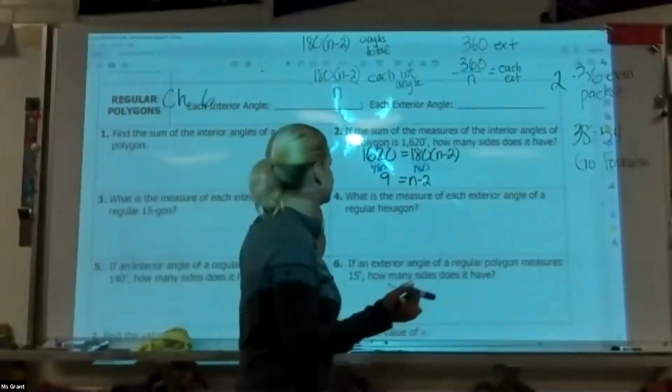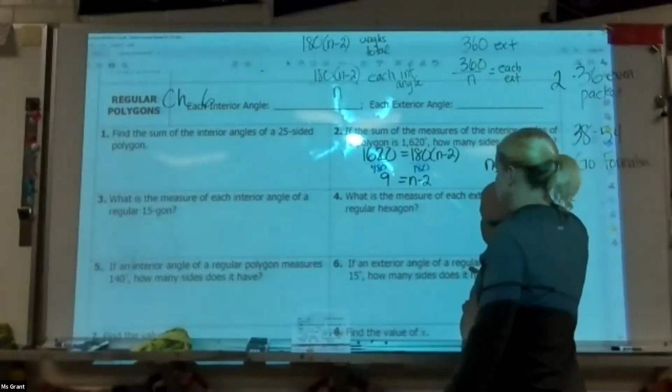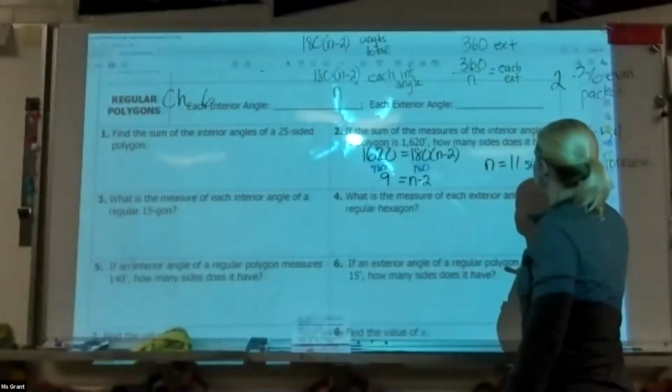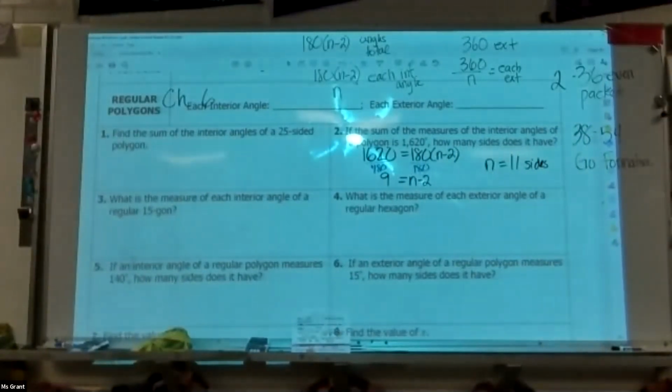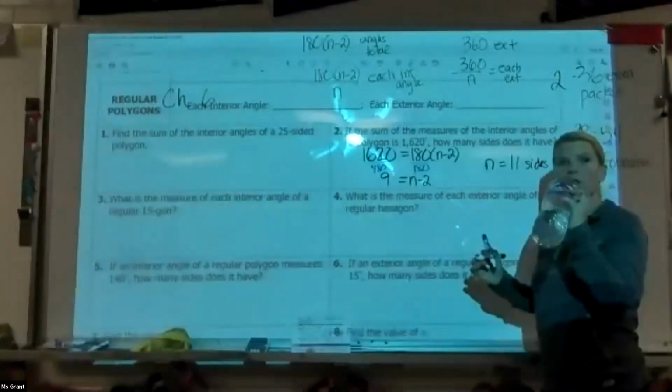Add 2 to both sides. 11 sides. I think you can do number 4 on your own.